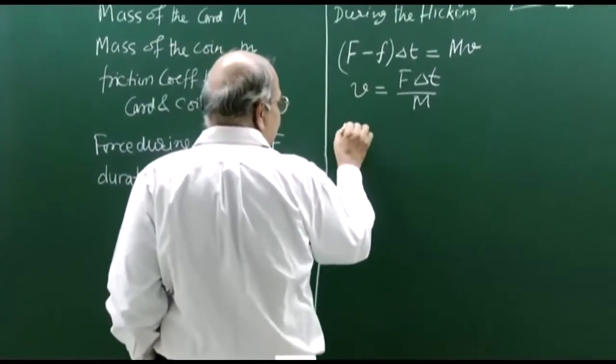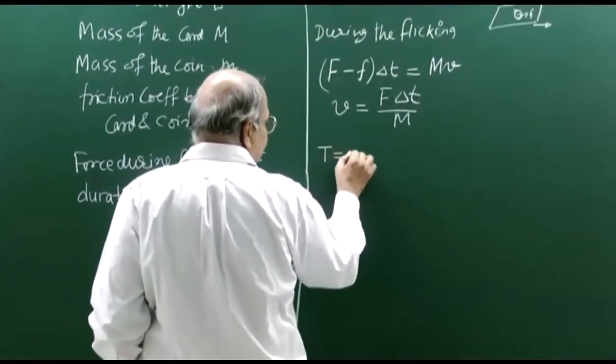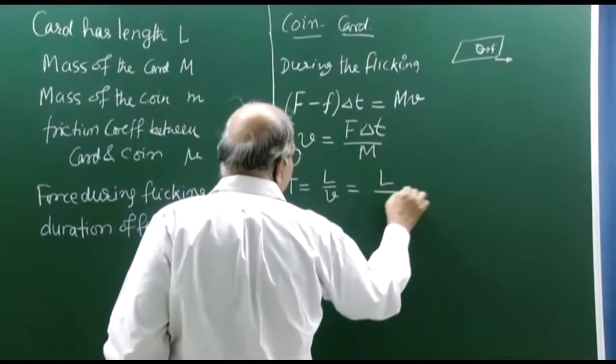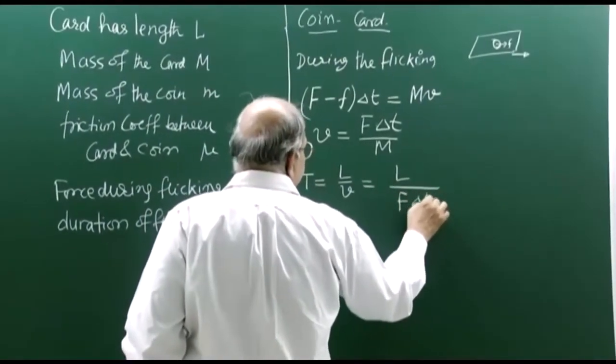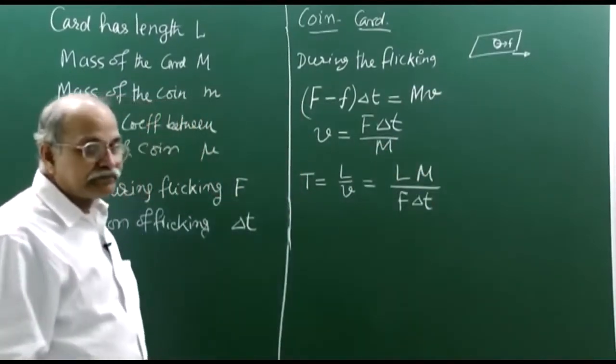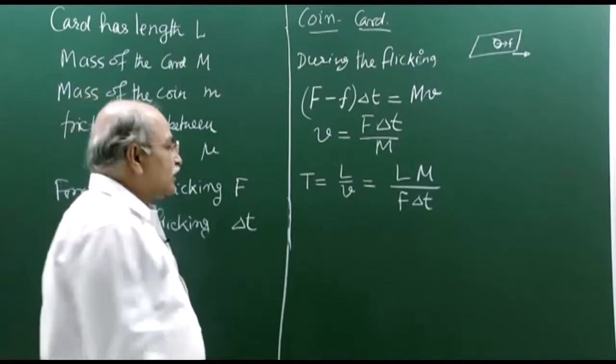So, that time t is L divided by v, and that is L divided by F here, delta t here, and m here. Now, look at the coin.